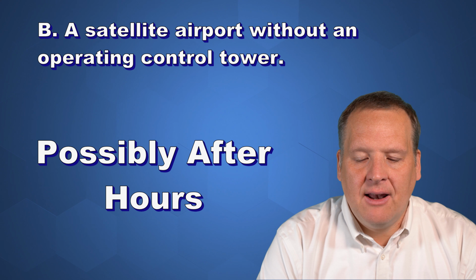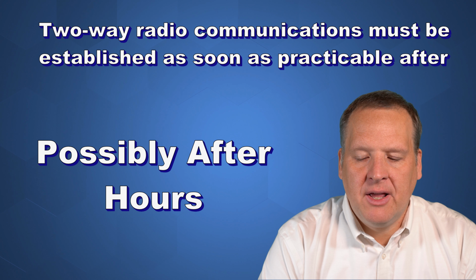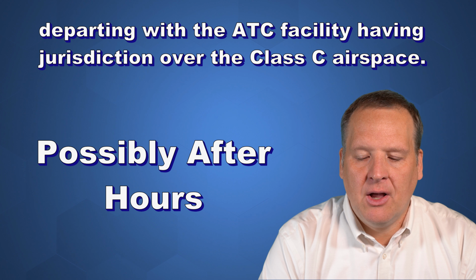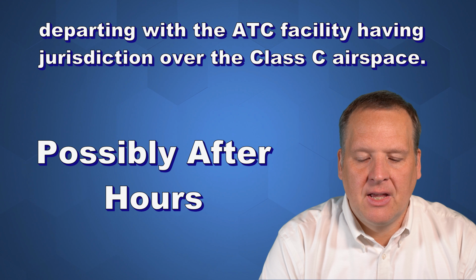B. A satellite airport without an operating control tower, two-way radio communications must be established as soon as practicable after departing with the ATC facility having jurisdiction over the Class Charlie airspace.